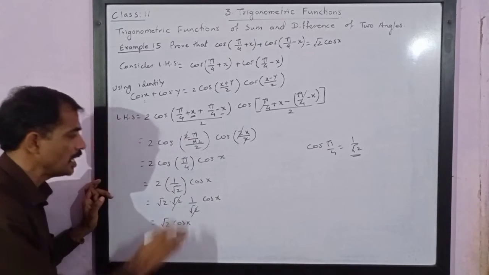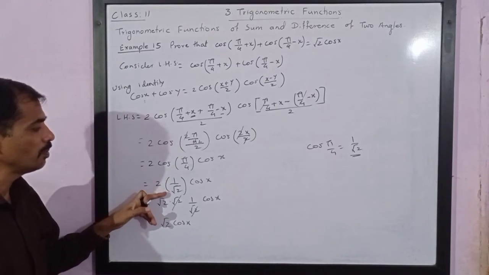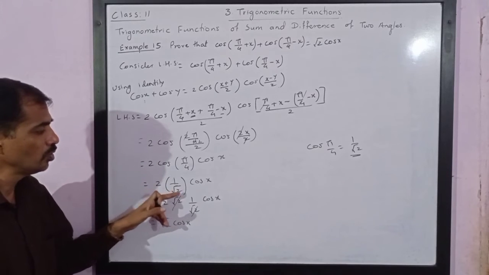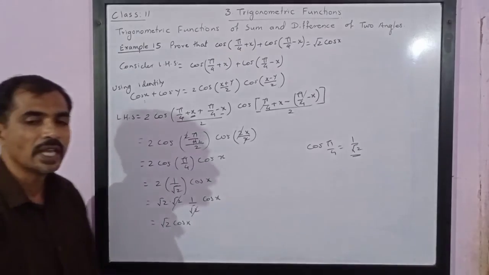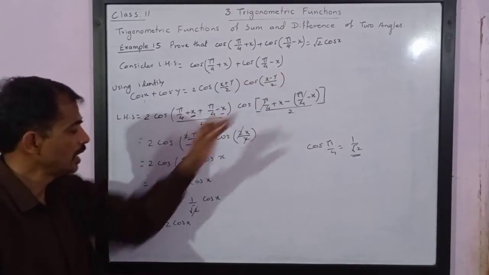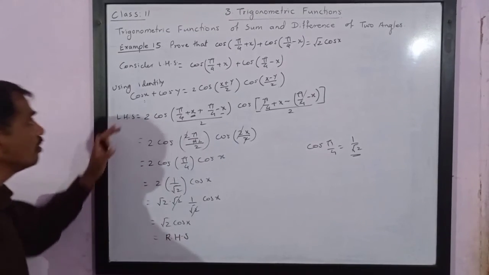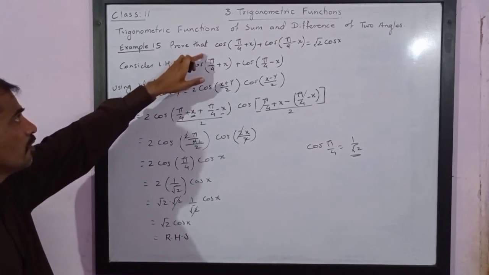Or you can rationalize the denominator. So if you multiply by root 2 to both, you will get 2 root 2 upon root 2 into root 2. So 2 will cancel with this. You will get root 2 cos x. Thus you can see that this is equal to RHS. So we were solving LHS and we have reached up to RHS. It means we have proved that.